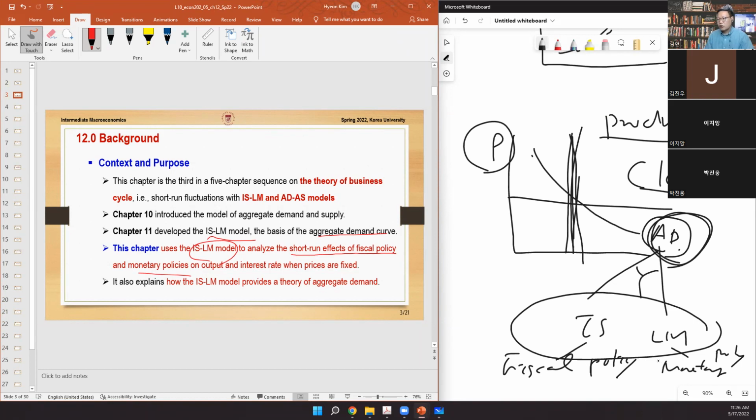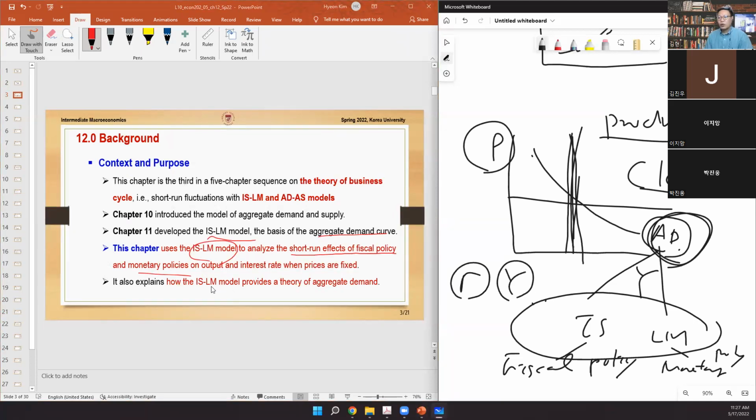And by nature, these are all based on sticky prices, or the short run case. That means we'll find the fluctuation of economic output. And since it is inside the IS-LM model, we'll find what happens to your real interest rate and output together.